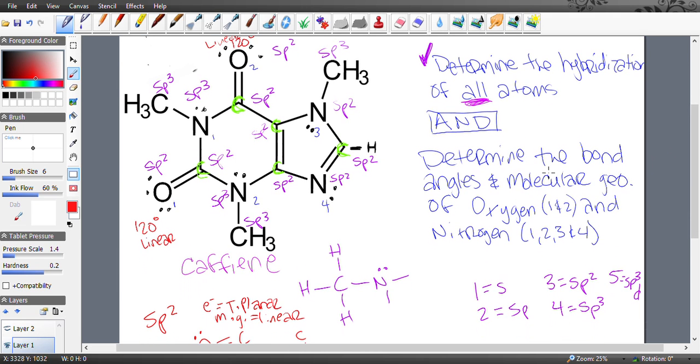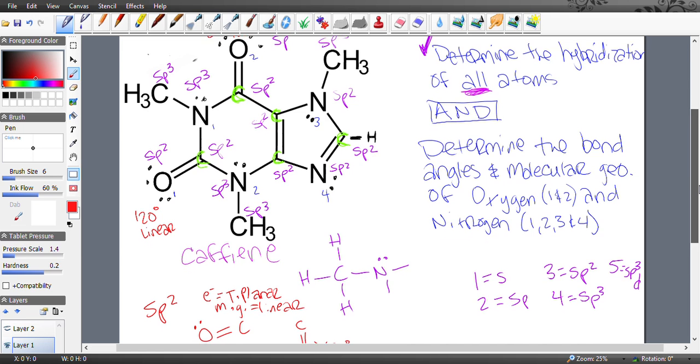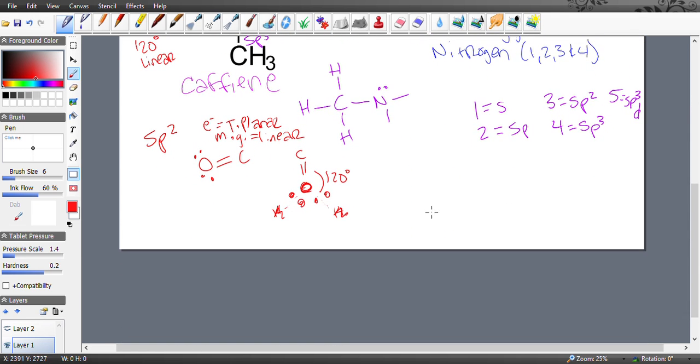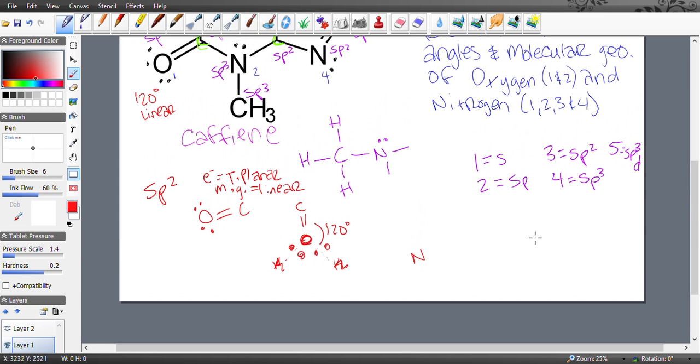All right, nitrogens. And it looks like 3 of them are going to be the same. So I'm just going to write those real quick. Nitrogen 1, 2, and 3 look like this. We have a nitrogen with CH3, 2 bonds, and a lone pair.